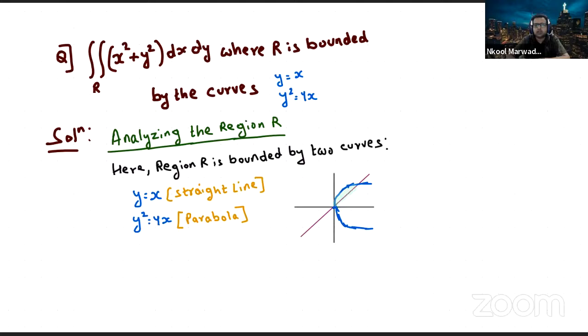This highlighted region which I have is bounded by the two curves, that is y is equal to x and y square is equal to 4x.